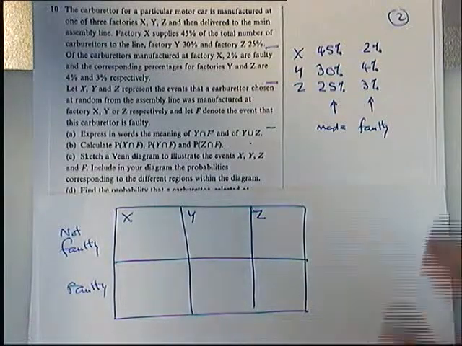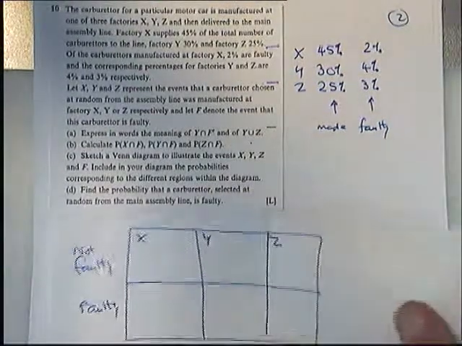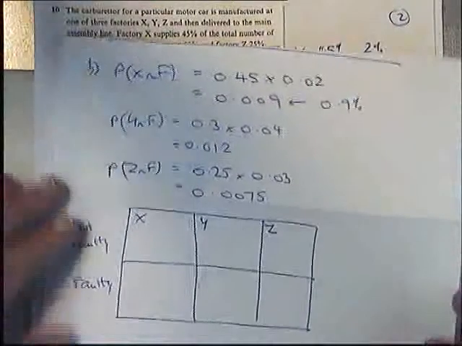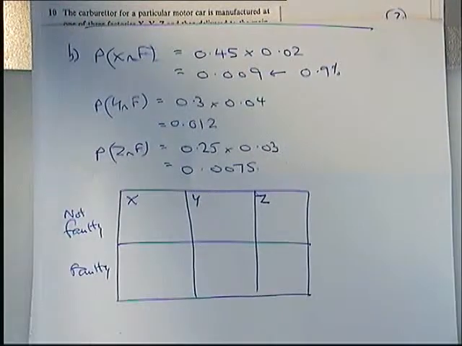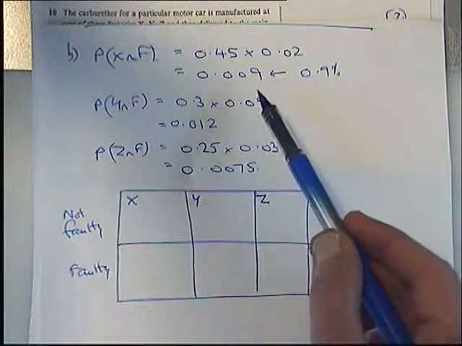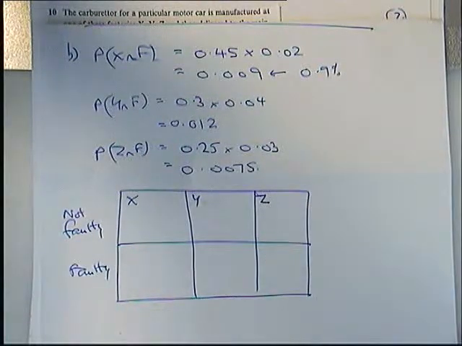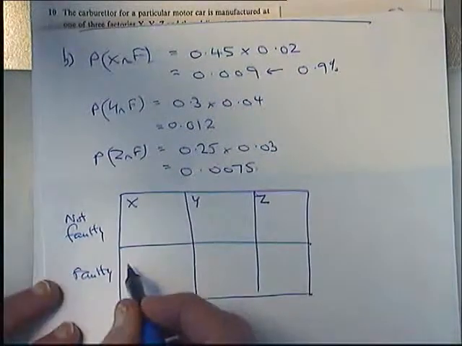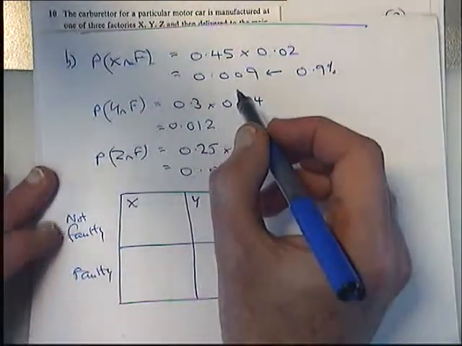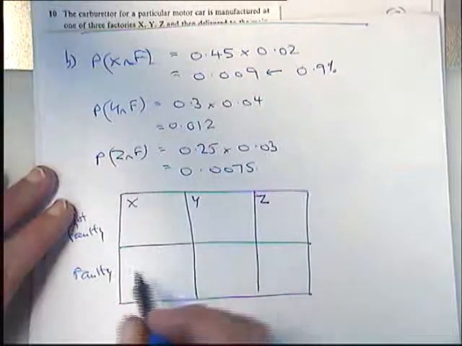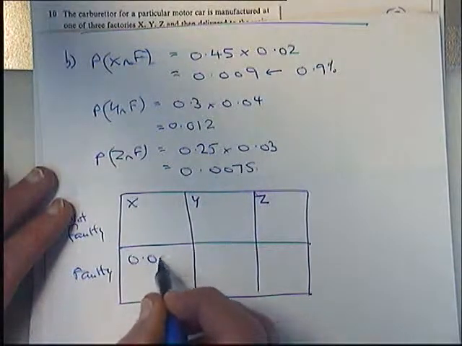So, what can I put in here? Now if I uncover my answers to part B again, that 0.009 up there, which box does that go in? Yeah, so that goes down here. That 0.009, which was made in X and faulty, goes down in there.